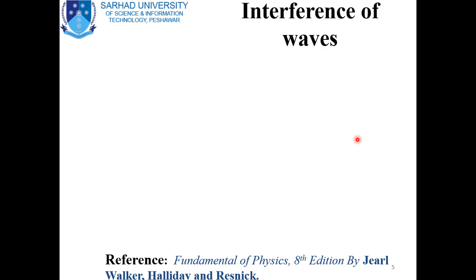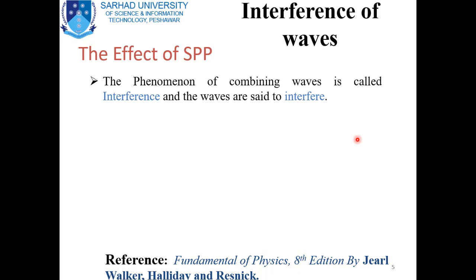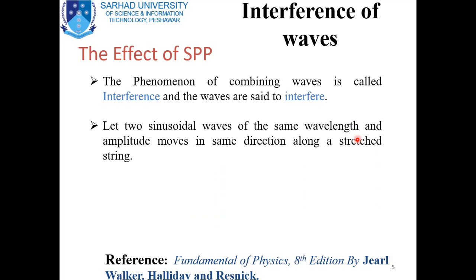The interference of waves is the first effect of the superposition principle. The phenomenon of combining waves is called interference, and the waves are said to interfere. We consider two sinusoidal waves of the same wavelength and same amplitude moving in the same direction along a stretched string.